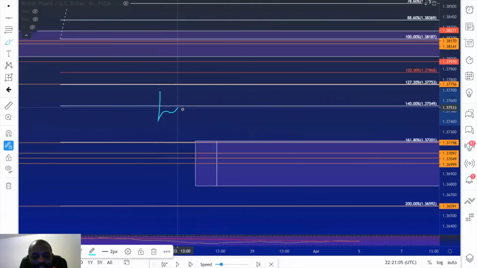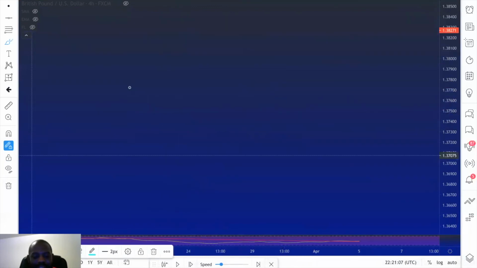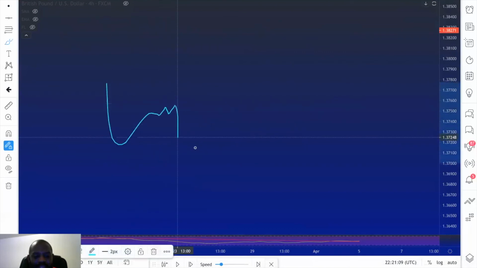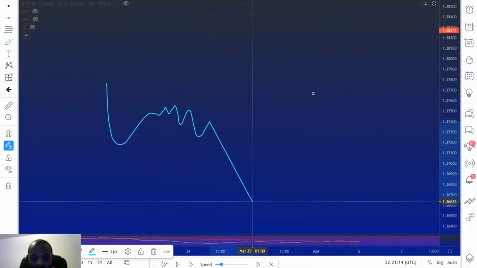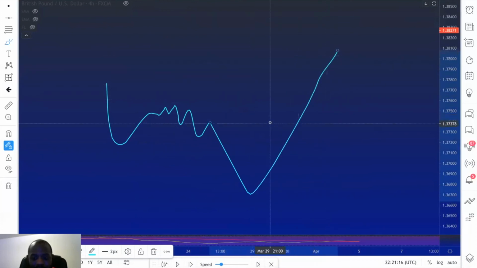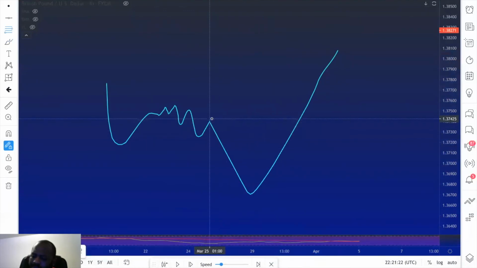So you got boom, consolidation, bam, and then boom, right? You're gonna draw your fib from the beginning of the push, or the candle just before that push down, to the swing low, right?